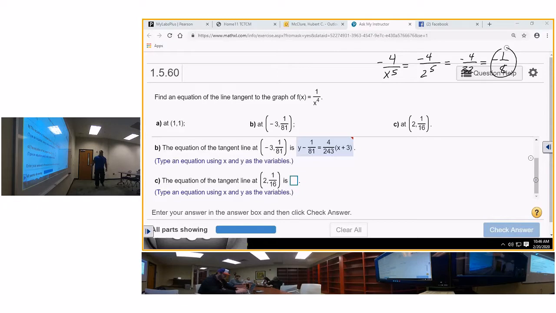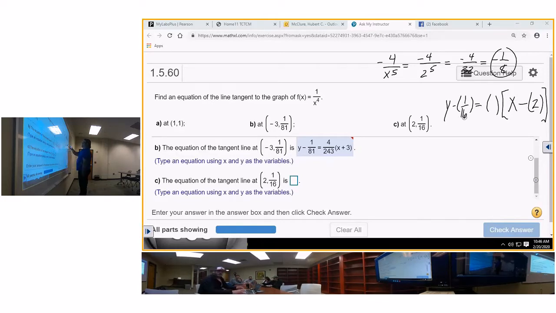Now plug and chug. y minus parentheses is equal to parentheses times x minus parentheses. And I put a 2 right here. I put a 1/16 right here.